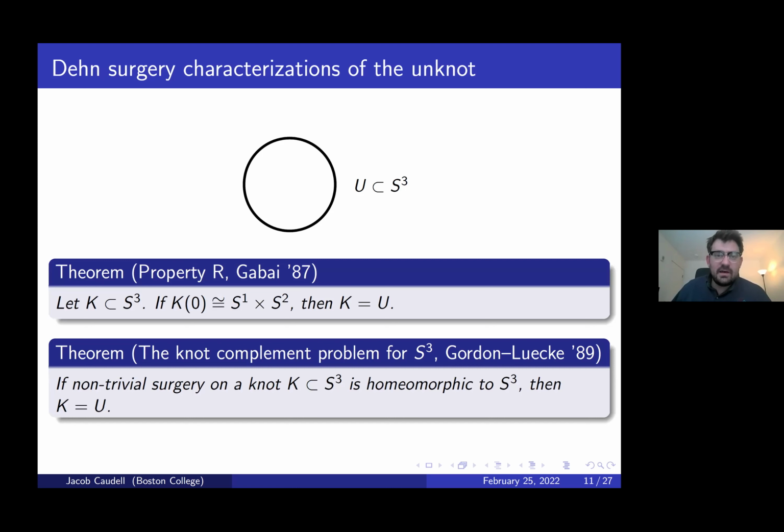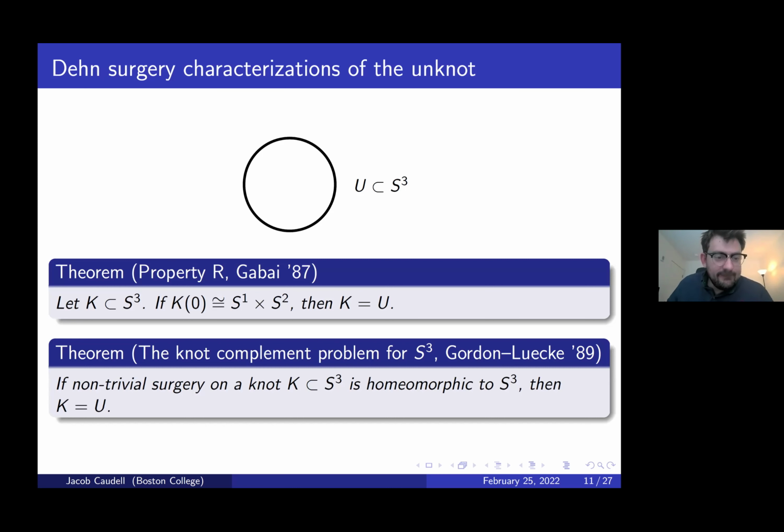Chiefly, we have Dehn surgery characterizations of the unknot in S3. So the unknot is just this circle that bounds a disk inside of S3. So the first major Dehn surgery characterization of the unknot is this result called Property R, due to Gabai.